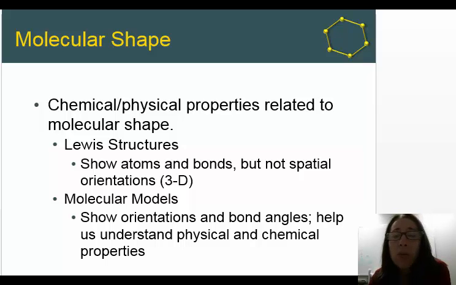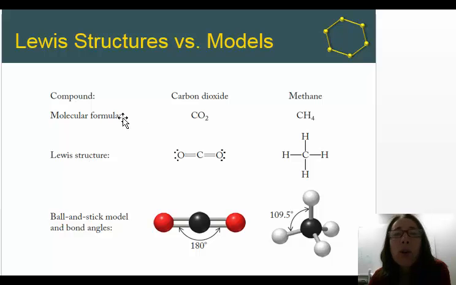So, an important part of determining the molecular shape is drawing the Lewis dot structure. So here are some examples of two different compounds, carbon dioxide and methane. Here is the molecular formula for carbon dioxide, CO2.